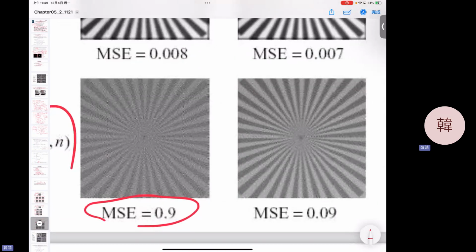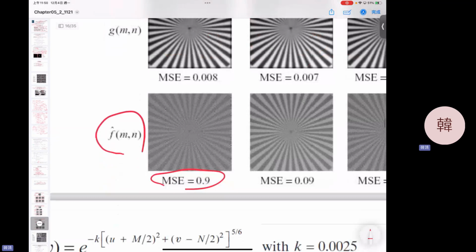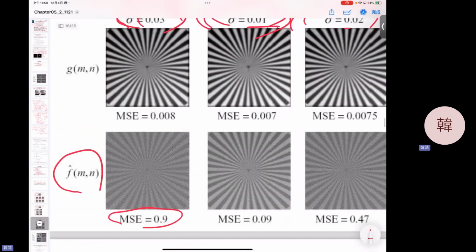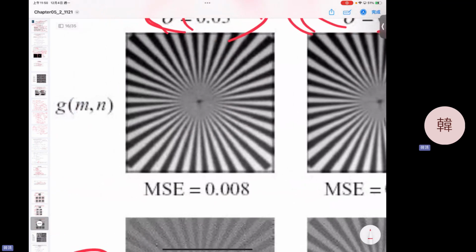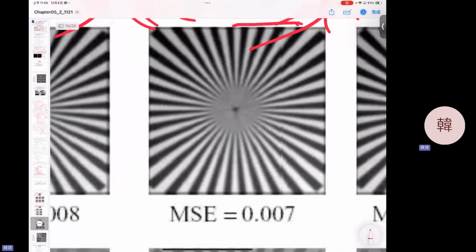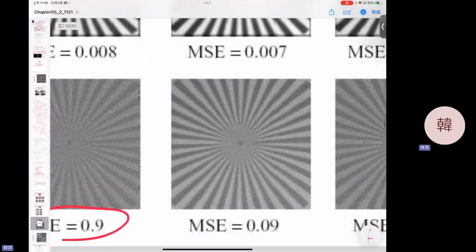You can see the high frequency spectrum was magnified. Even with protection here, the result is even worse than the previous original degraded image with Gaussian noise. This is degradation of motion blur and Gaussian noise, but the inverse filter will cause this result.